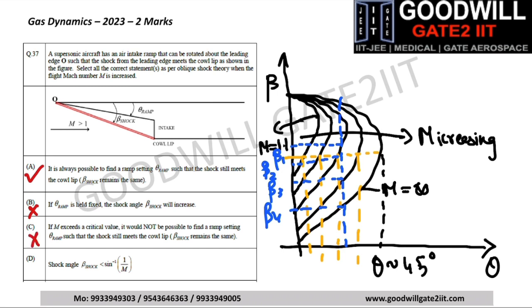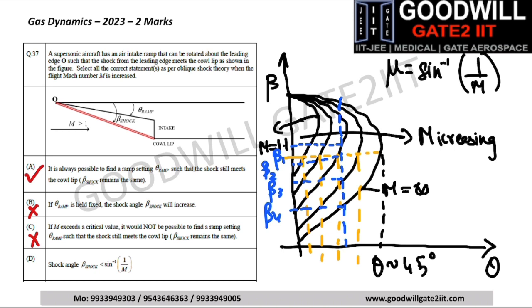And the final one is: shock angle beta shock is less than sine inverse of 1 by M. We know that the Mach wave, which is given by mu, is equal to sine inverse of 1 by M. Now all the beta or the shock angles with increasing theta would only be greater than mu.